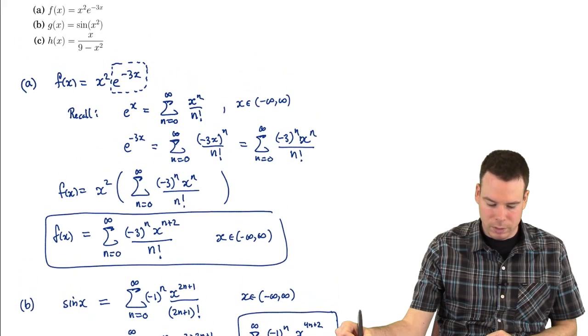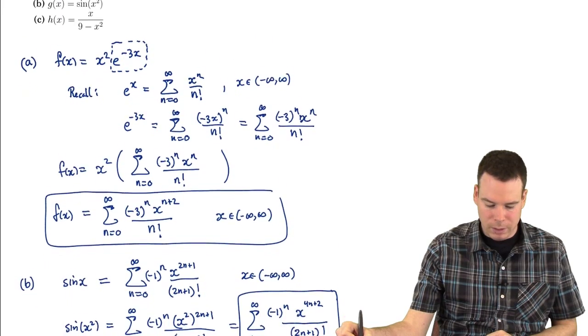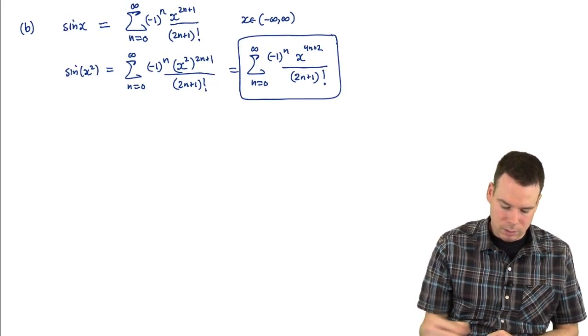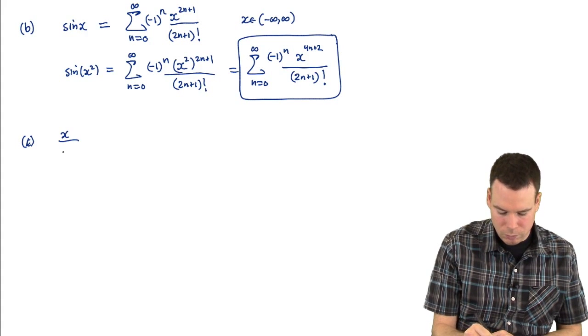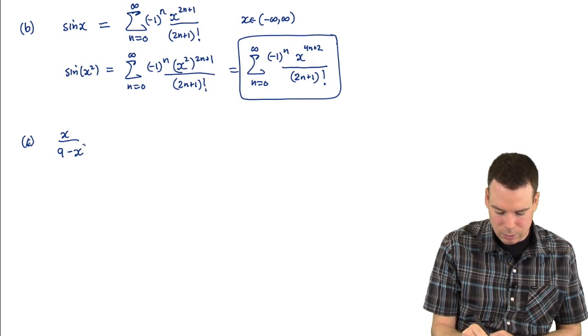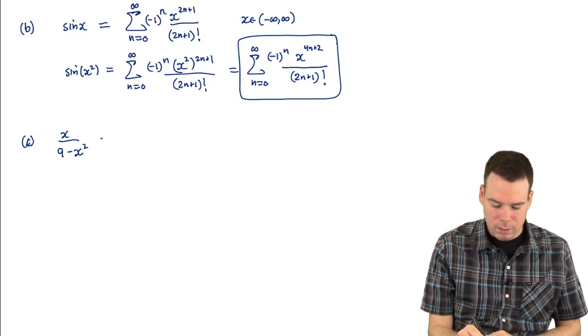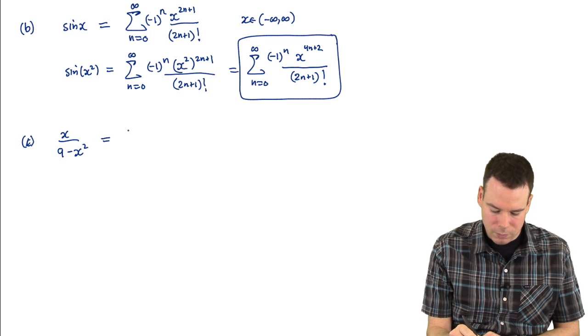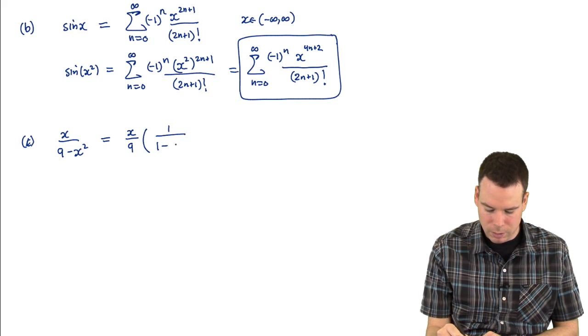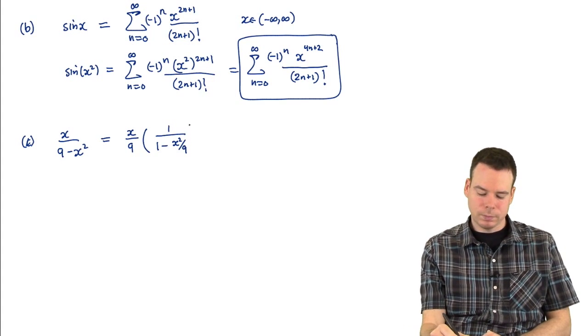What's the last one? C, x over 9 minus x squared. How do we get this one? Well, I notice that if I factor out an x and I factor out a 9, then I can write what's left as a 1 minus x squared over 9.